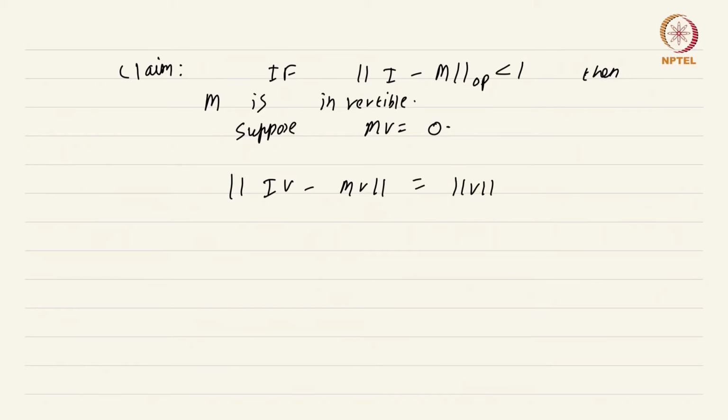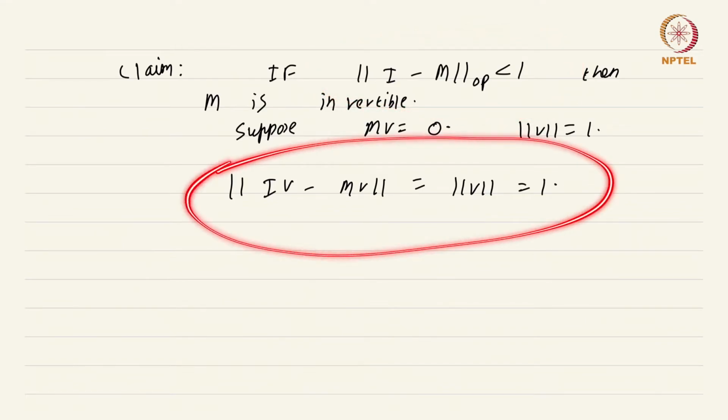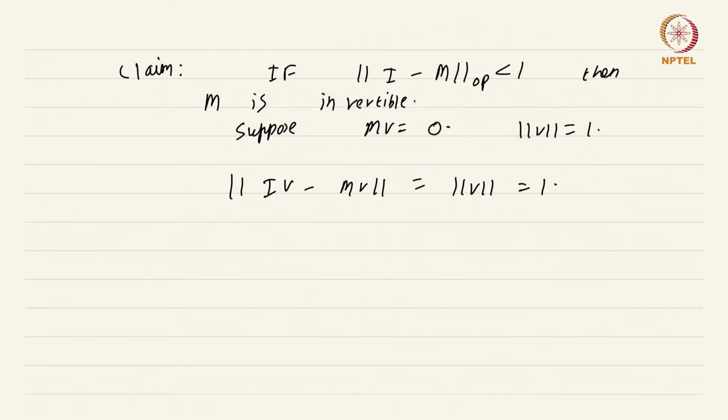Of course we can take a unit vector in the kernel, because the kernel is going to be a vector subspace. So norm of Iv minus Mv equals norm v, which is equal to 1. But we just assumed that the operator norm of I minus M is less than 1, and we have got a unit vector such that norm of Iv minus Mv is equal to 1, which is not possible. This is a contradiction. So M is invertible.